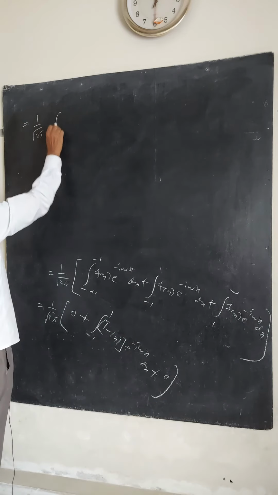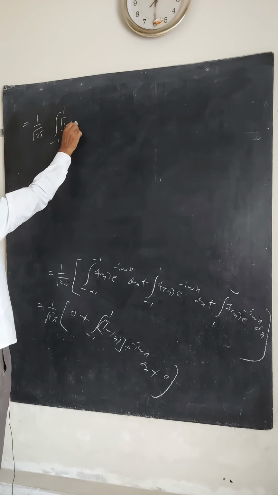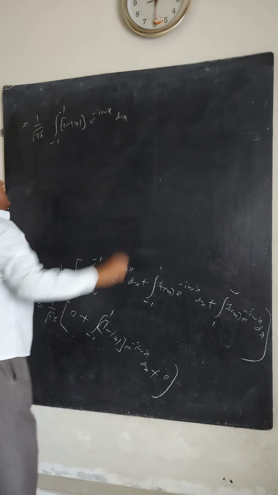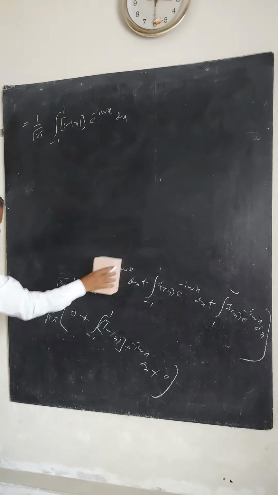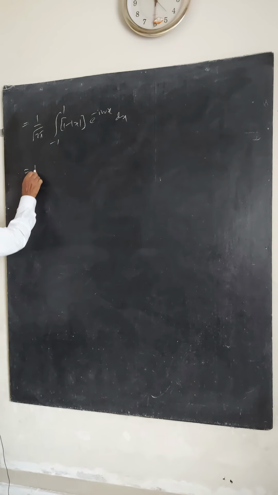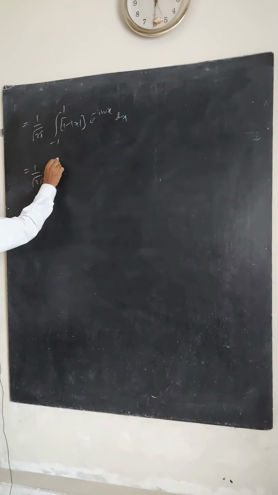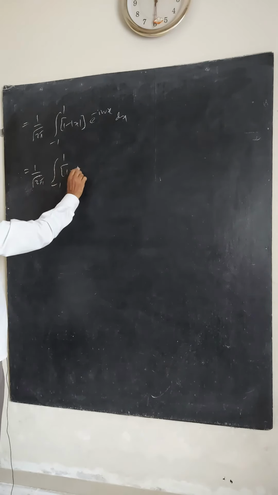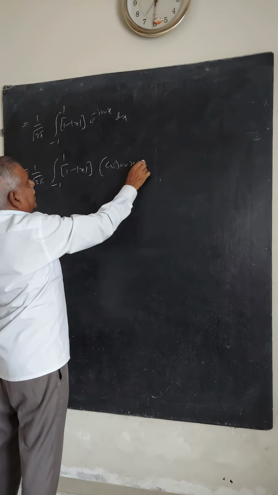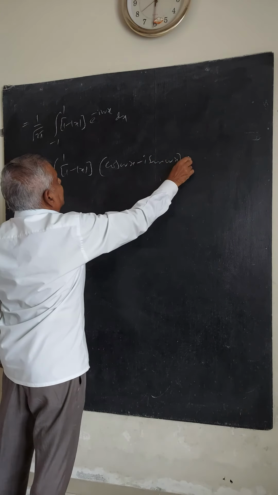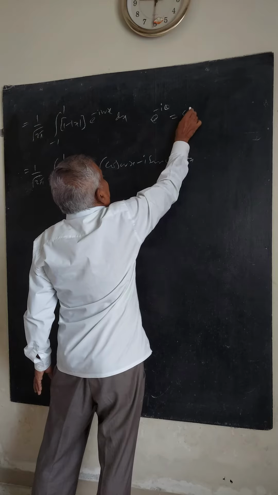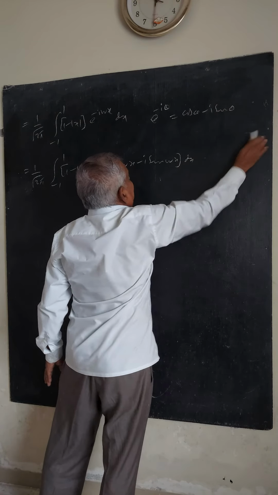1 by root of 2 pi integral minus 1 to 1, 1 minus modulus of x e power minus i omega x dx, equal to 1 by root of 2 pi integral minus 1 to 1, 1 minus modulus of x, times cos omega x minus i sin omega x dx. e power minus i theta is, as we know in trigonometry, the cis form, cos theta minus i sin theta.